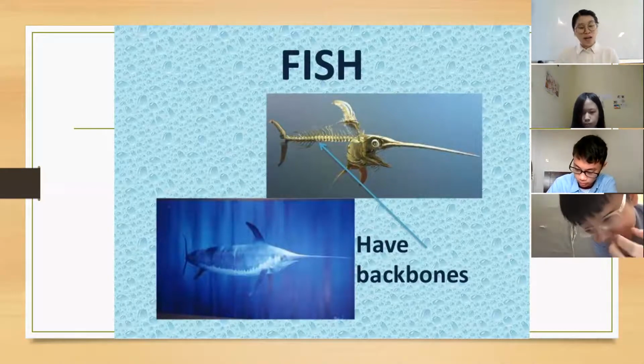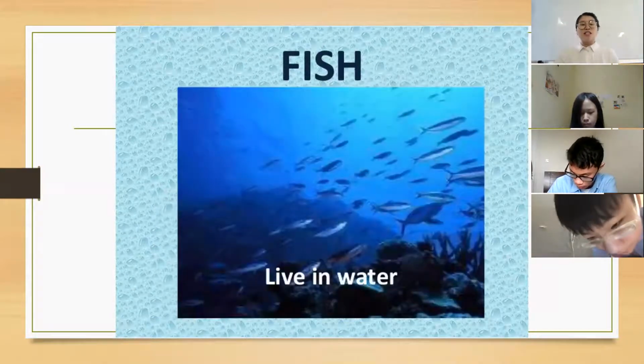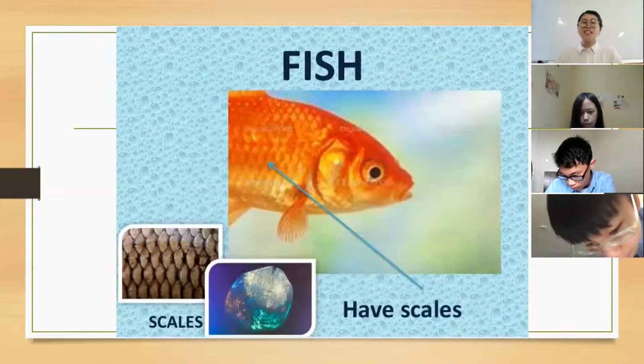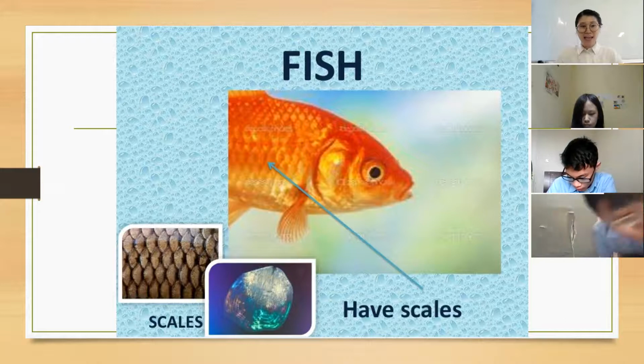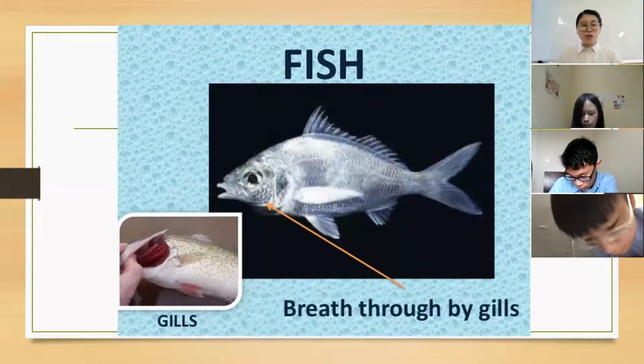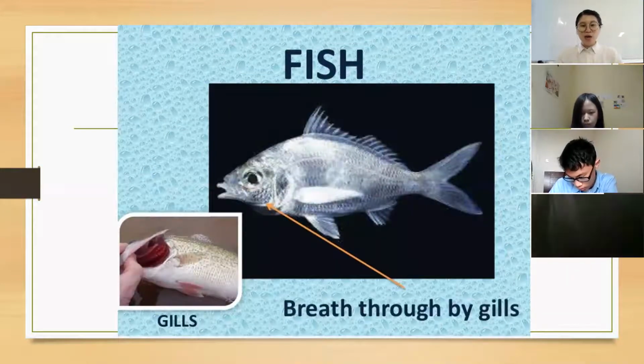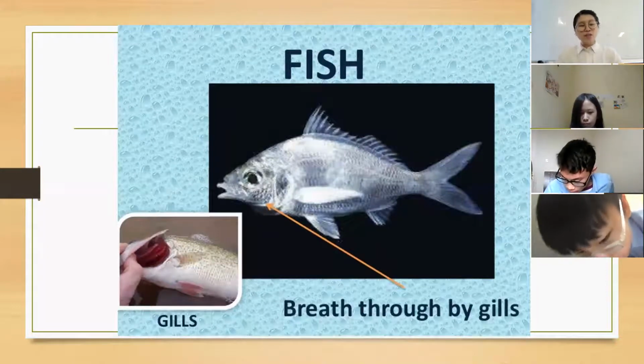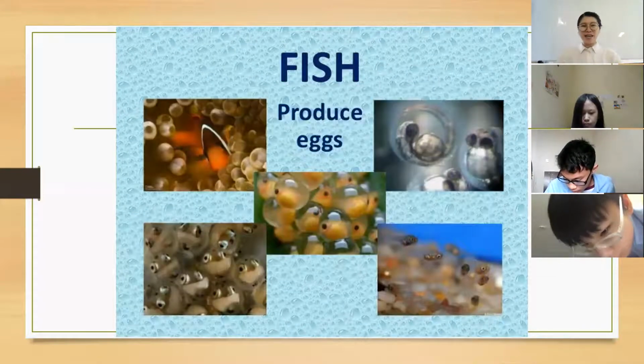That is why they are called vertebrates. Fish live in water. And this is the unique characteristic of a fish: they have scales. And as Valerich said a while ago, fish have gills. These gills are used by the fish so that they can breathe in the water. And fish also produce eggs.